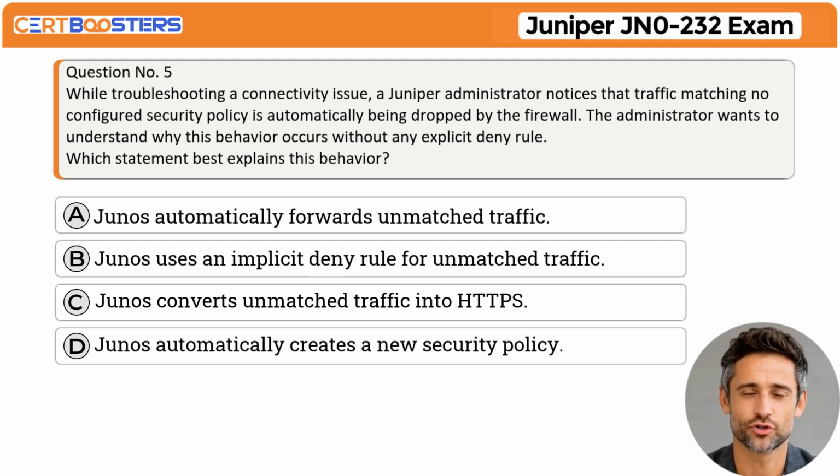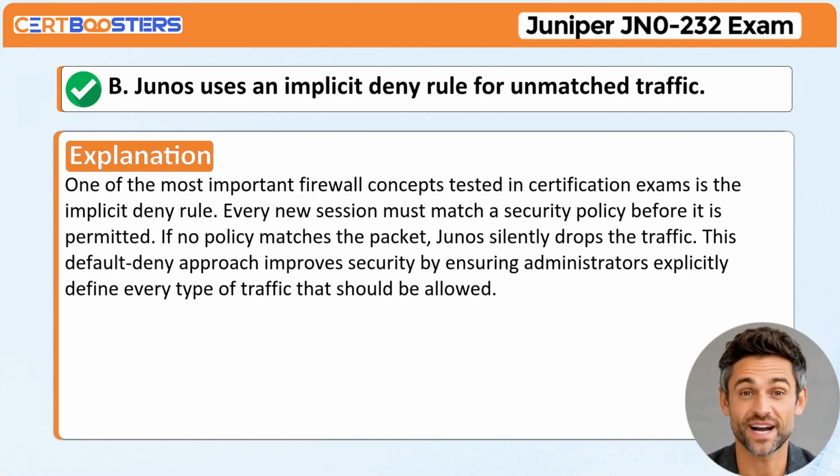A. Junos automatically forwards unmatched traffic. B. Junos uses an implicit deny rule for unmatched traffic. C. Junos converts unmatched traffic into HTTPS. D. Junos automatically creates a new security policy. Correct answer: B. Junos uses an implicit deny rule for unmatched traffic.